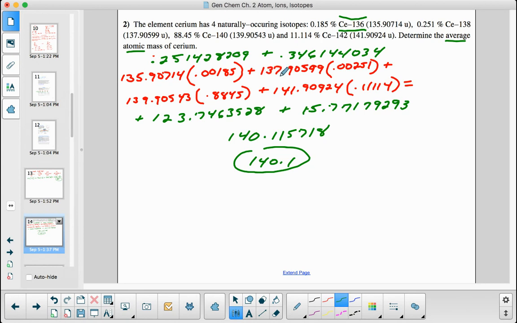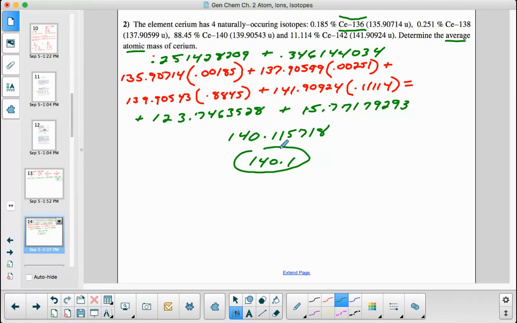And then I'm going to take the second one, all the digits given, times the relative percent of it, or out of 1. And then the third, 88.45%, it's going to be 0.8845. And then the same thing goes for the last one at 11.1114. And then in the green, I just did each one out separately.